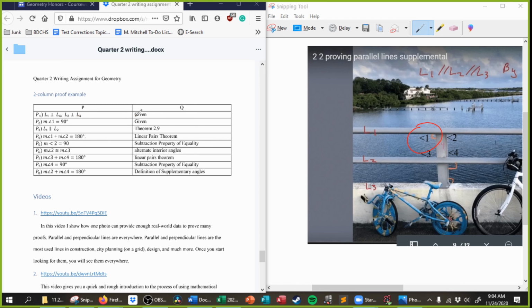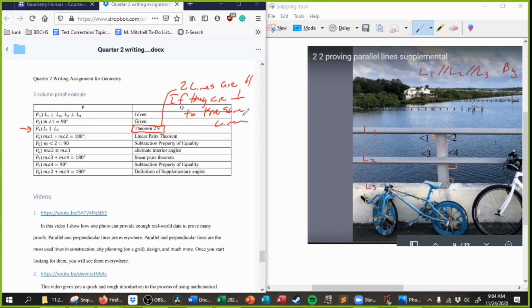Here's where I said I needed to show that line 1 and line 2 are parallel, but I didn't because in my proof, I'm saying my third hypothesis is that line 1 is parallel to line 2 because of theorem 2.9. And theorem 2.9, if we look it up, says two lines are parallel if they are perpendicular to the same line.